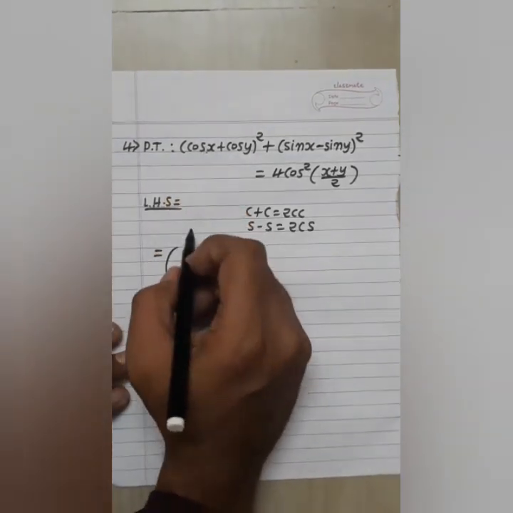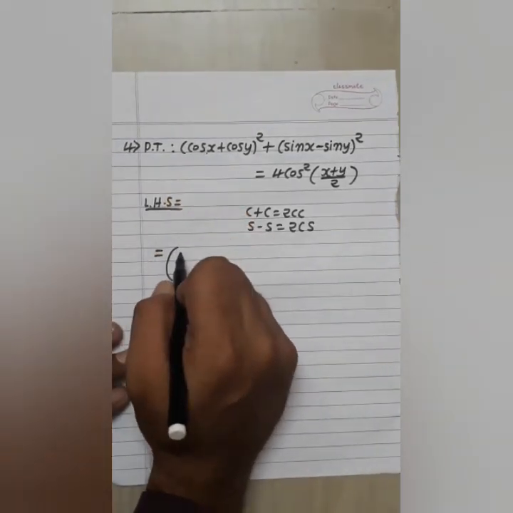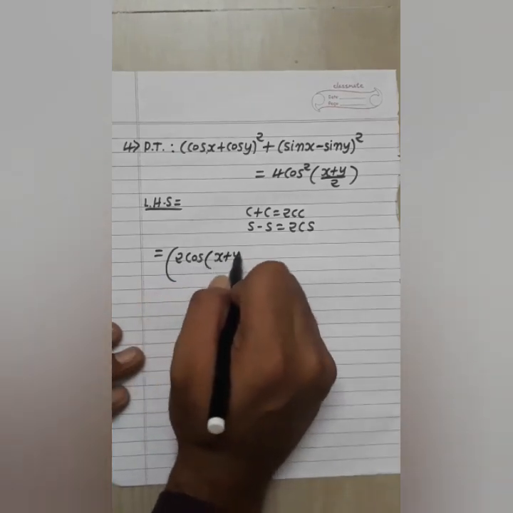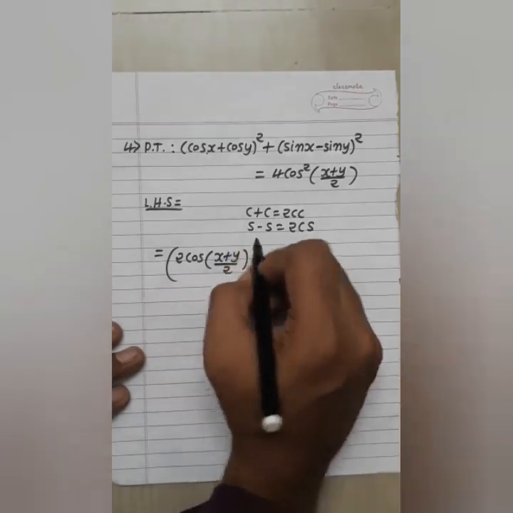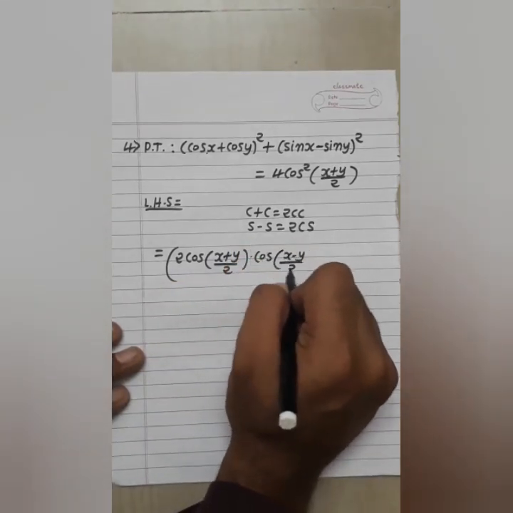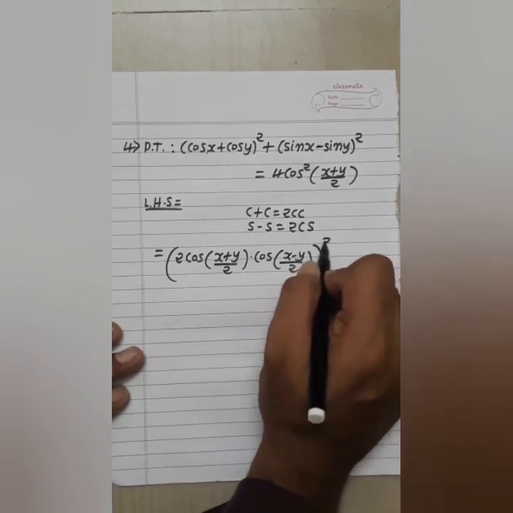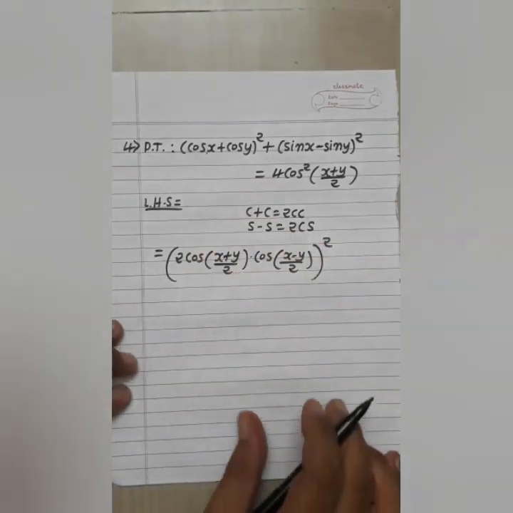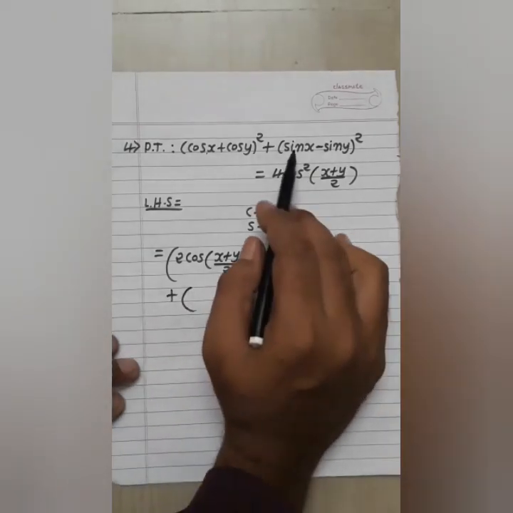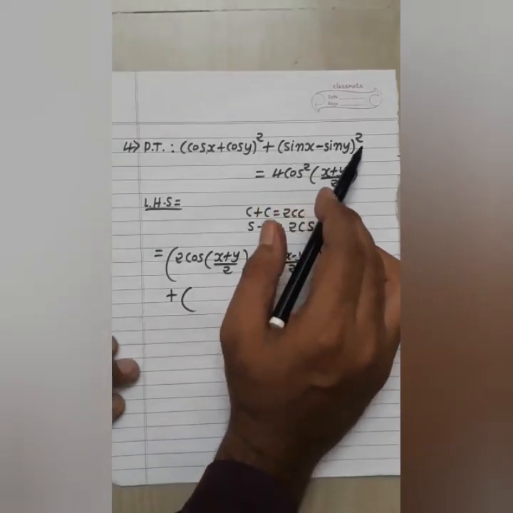So here we can write 2 times cos (x plus y) divided by 2 into cos (x minus y) divided by 2, and whole square is present, so write here whole square, plus in the second term (sin x minus sin y) whole square.